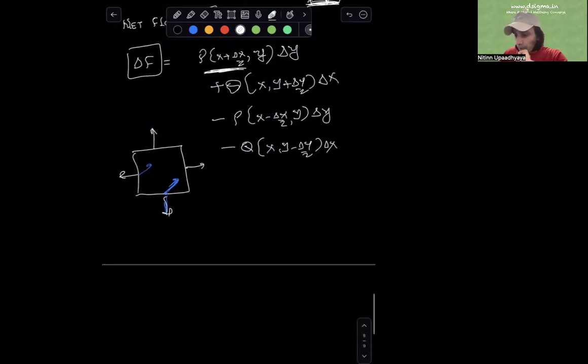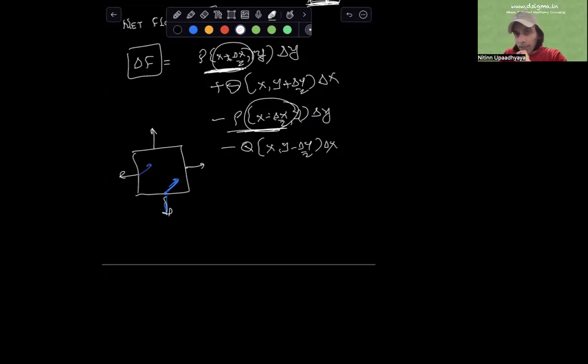So if I combine these terms, and again, this kind of algebraic manipulation would now be familiar to you because we've done that a few times already. If I look at these two terms, it's only the x component that's changing, whereas y is fixed. And that's how we define the partial derivative of some function with respect to one of the independent variables along which it's changing, right?